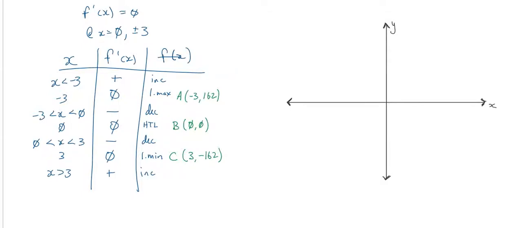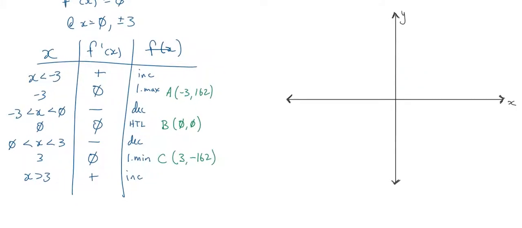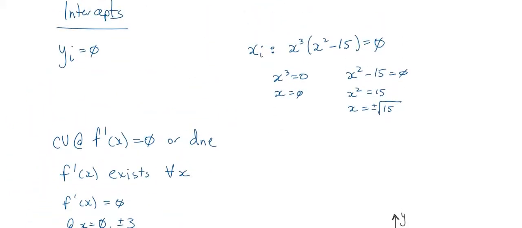Okay, and like last time, we start putting details on. I probably want to know the approximate value of the square root of 15. Those are x-intercepts. It's 3.9, plus or minus 3.9, right?